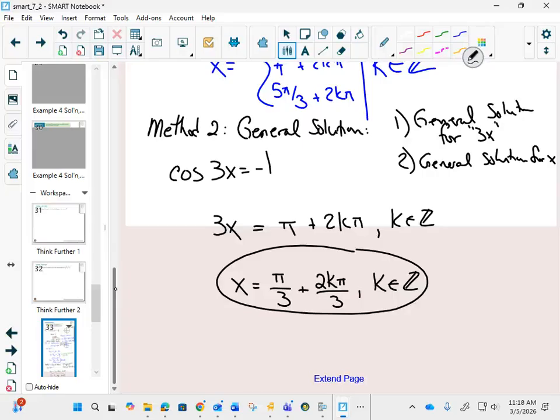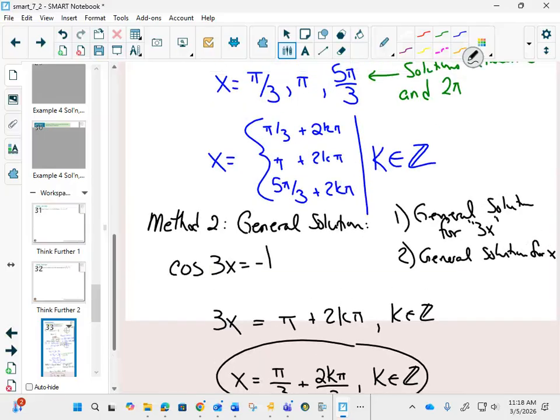So when you have a general solution for a multi-revolution question, you have two options. The normal way that we've done it all the way along is solve between 0 and 2 pi first, then take all of your answers and add 2k pi. The second way is finding the general solution for 3x, divide everything by 3 and look at the answers.